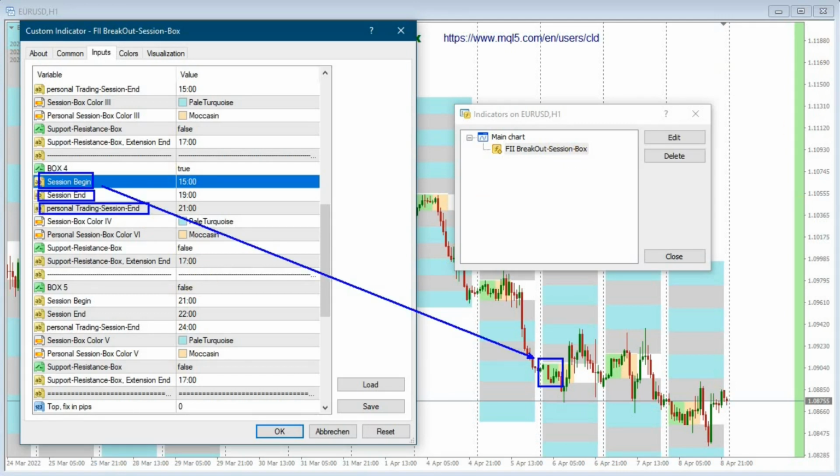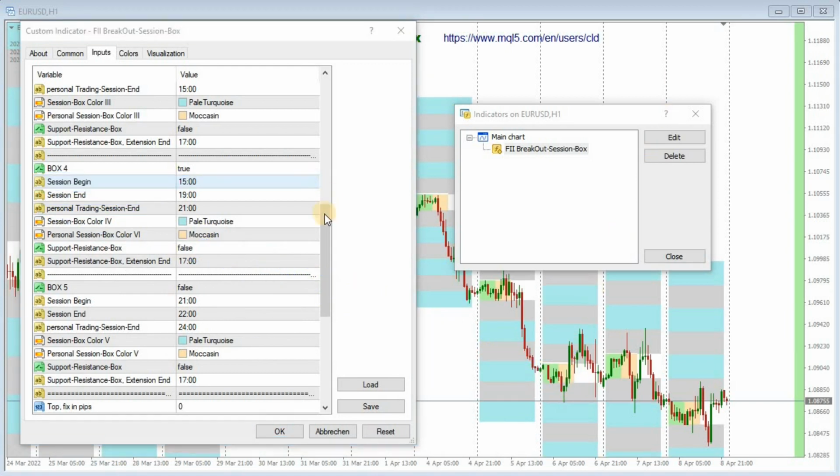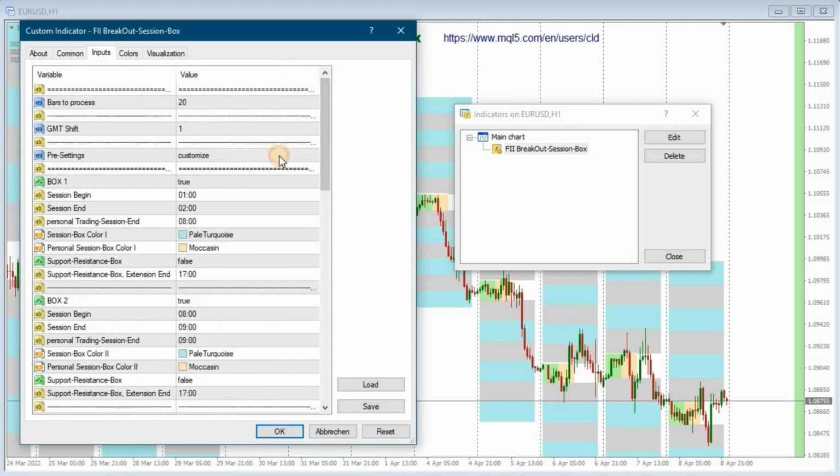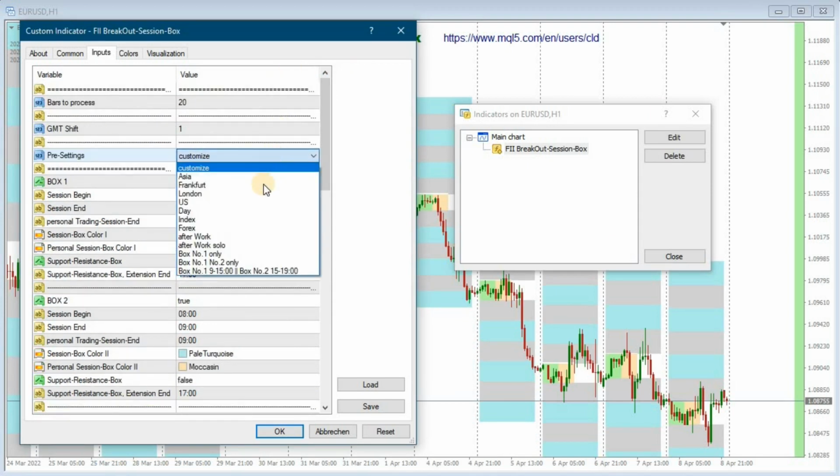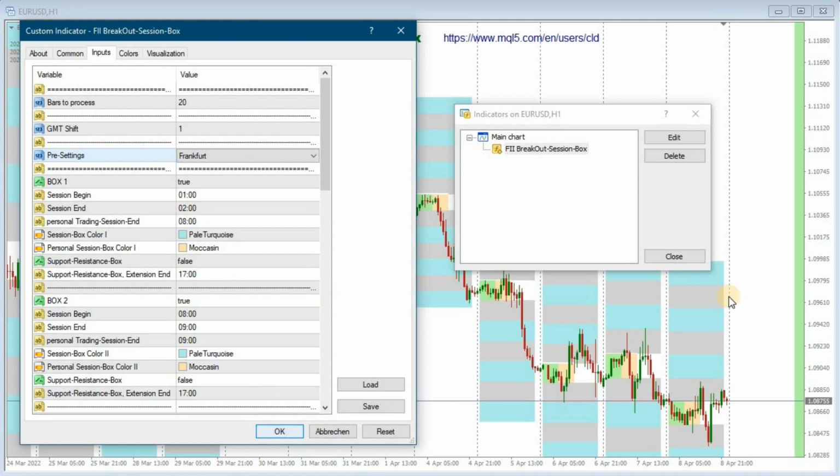This is an example of a box setup. Here the session box starts, there the session box ends, and that now includes the volatility of the breakout box. The personal trading box only shows when my personal trading time ends. The same for the European session.